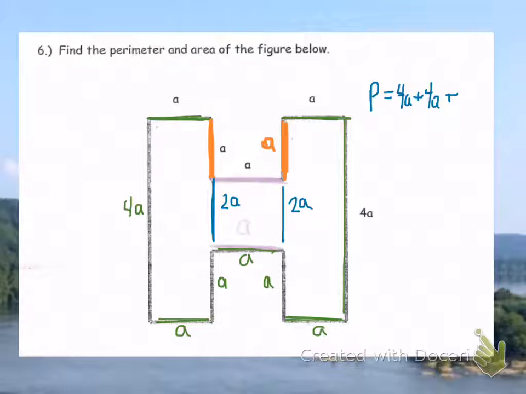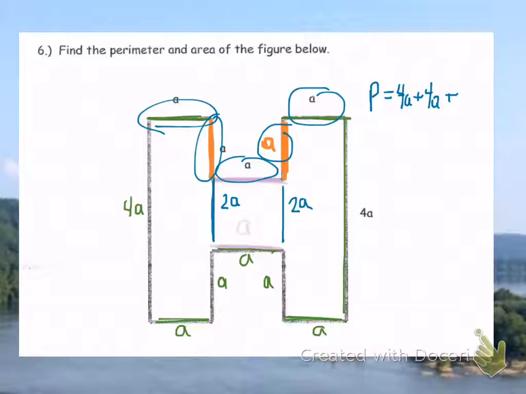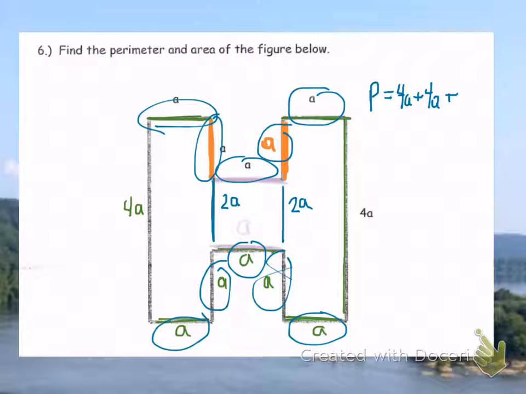And I have 1, 2, 3, 4, 5, 6, 7, 8, 9, 10 other sides of A. So all together, I have 18A as the perimeter.